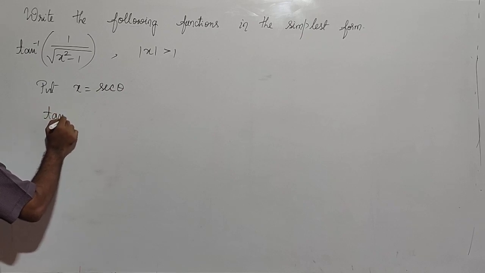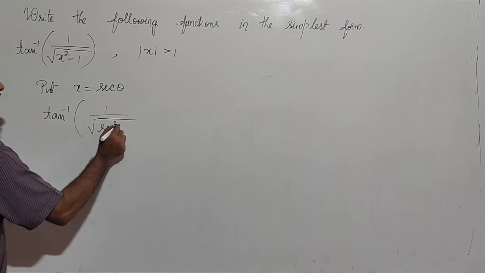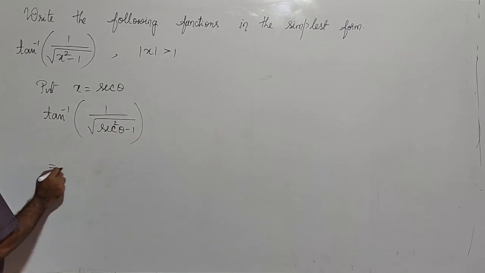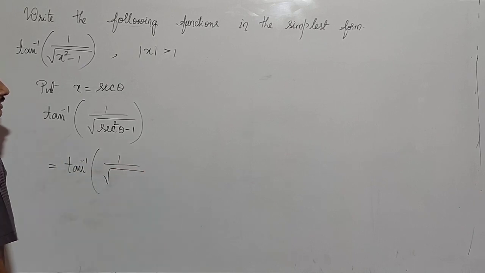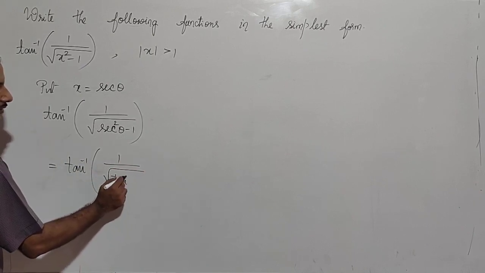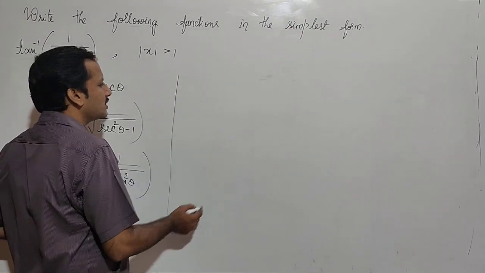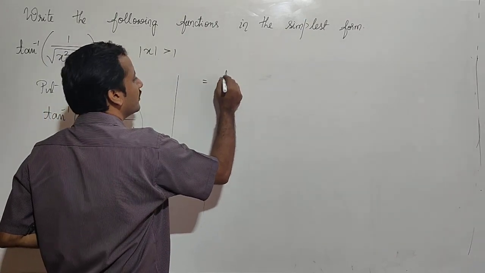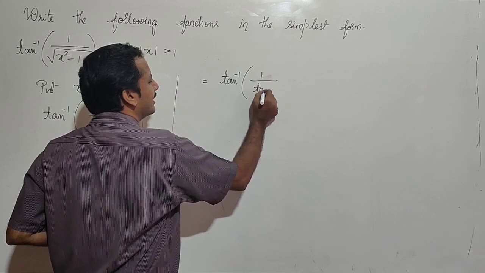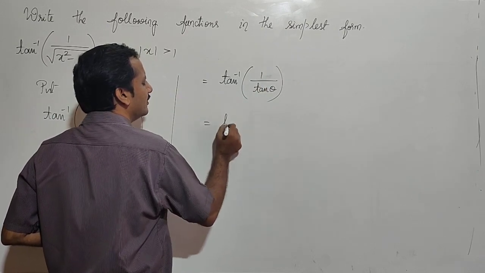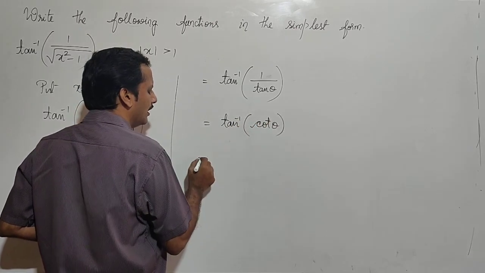If I substitute, then I am getting tan inverse of 1 by root of secant square theta minus 1. Secant square theta minus 1, we know it is equal to tan square theta. Root of tan square theta is tan theta. 1 by tan theta is nothing but cot theta.